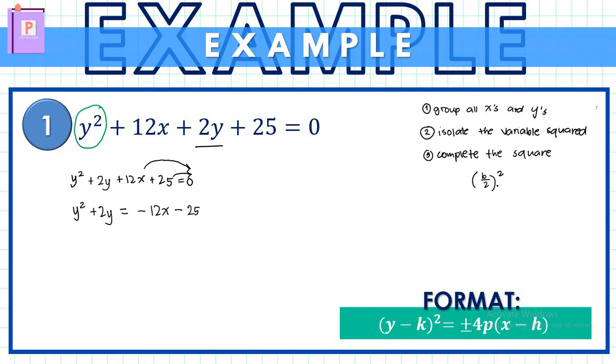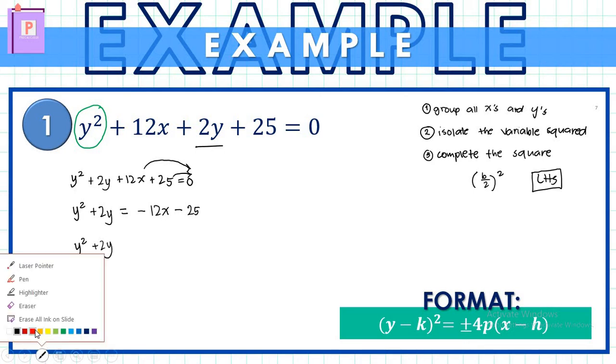Completing the square will only be applied on the left-hand side of the equation, or to the variable that is squared. So in that case, we copy y squared, then 2y, and then we apply the formula b over 2 squared.